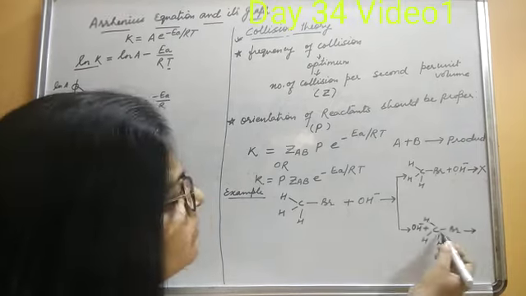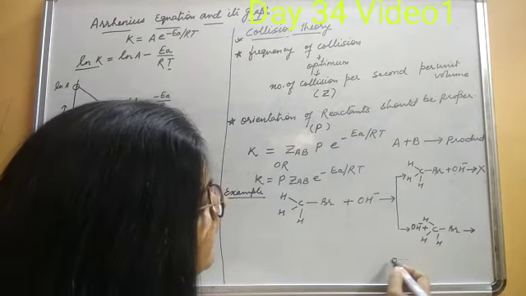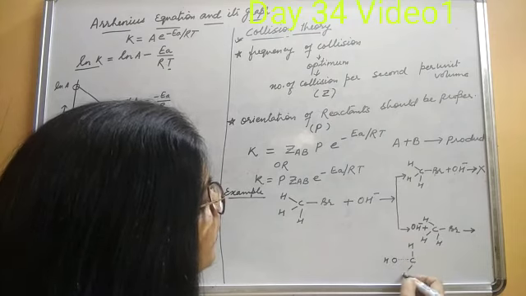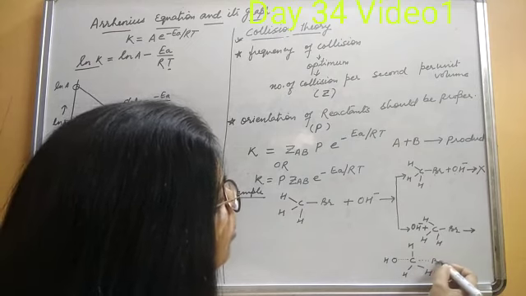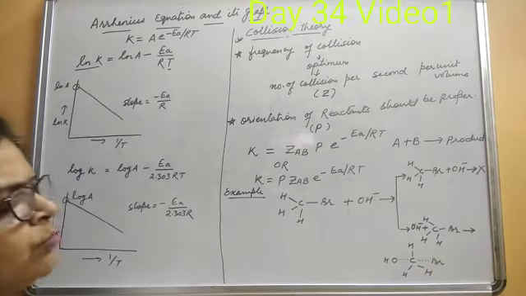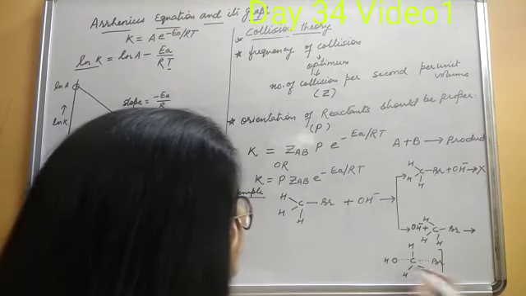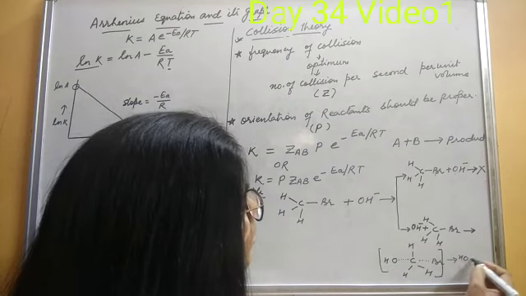The OH collides, a transition state comes where OH makes a bond with the carbon and the bond of the bromide group is broken, and after this transition state, the final product is formed where OH is bonded to carbon.